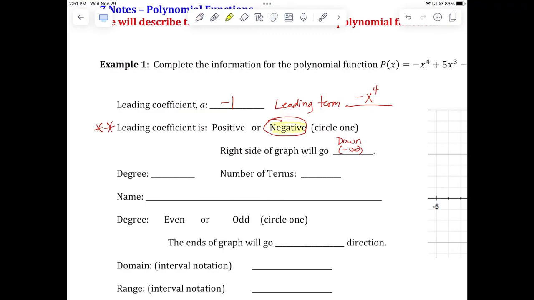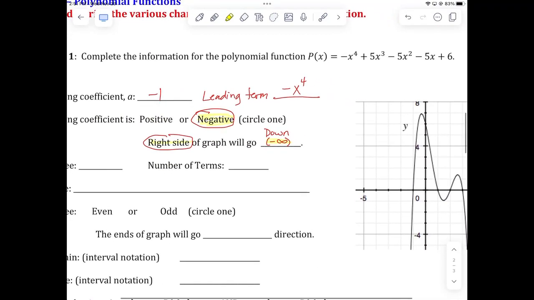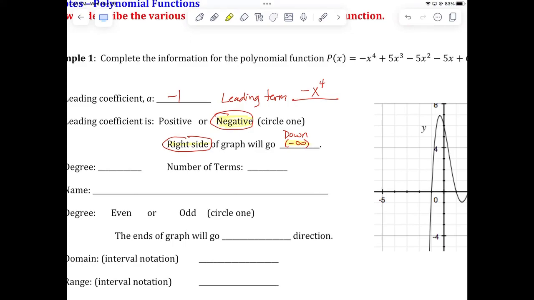If your leading coefficient is negative, your right end behavior is also going to be -infinity. Every single end behavior for every single polynomial in the whole wide world is one of two things. It's either positive infinity or negative infinity. It just so happens that if you know what the leading coefficient sign is, you can figure out the right end behavior's sign as well.